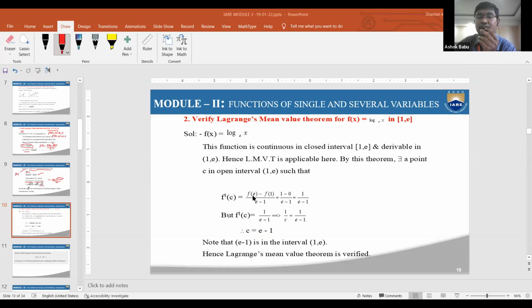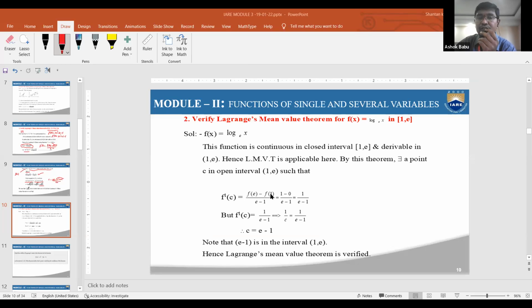The numerator f of e: the given function is log x, so replacing x with e, log e to the base e. What is the value of log e? The value is equal to 1.